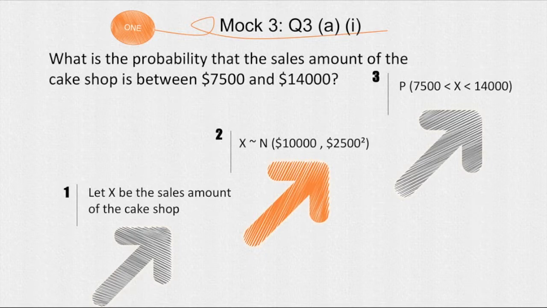Second step, we know that the mean is $10,000, while the standard deviation is $2,500. Third step, we have to find the probability between $7,500 and $14,000.